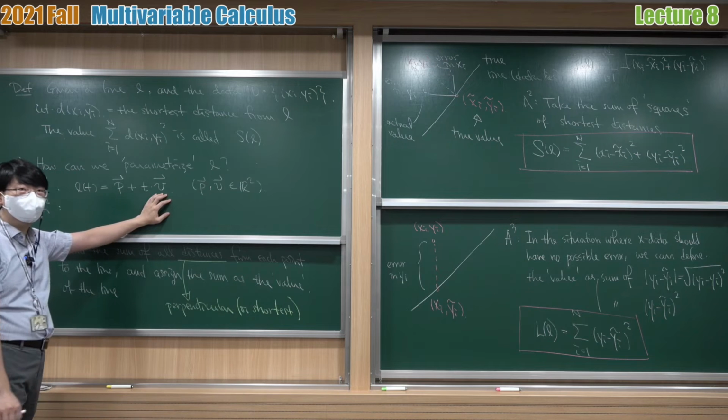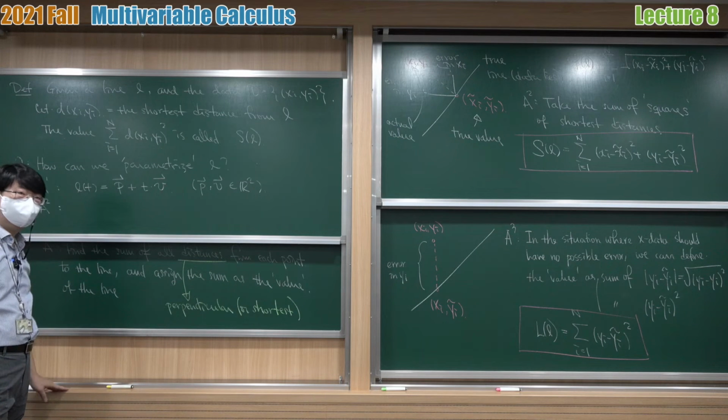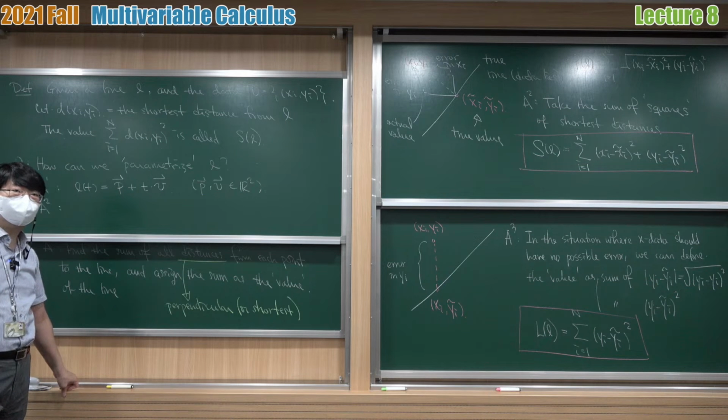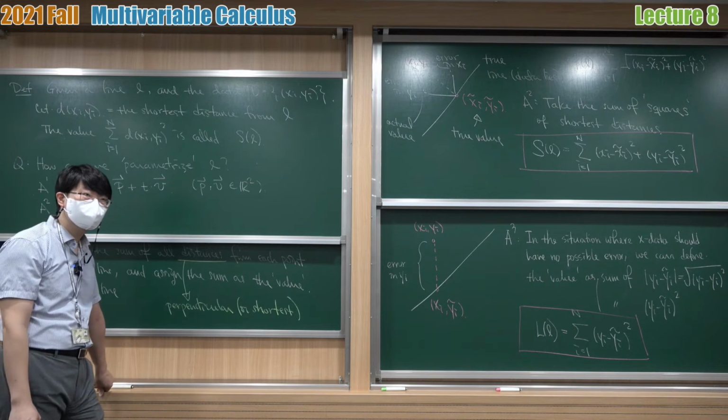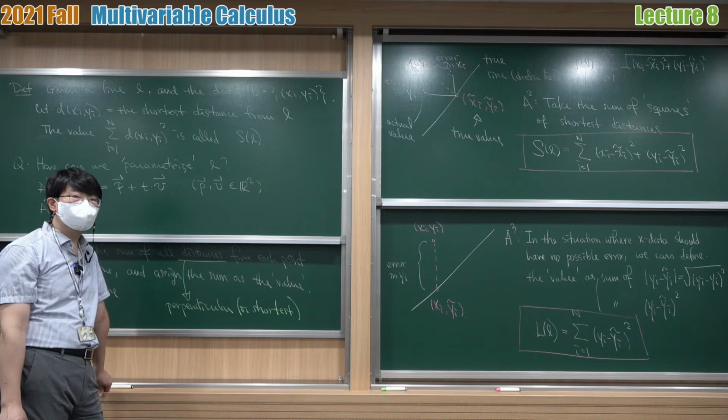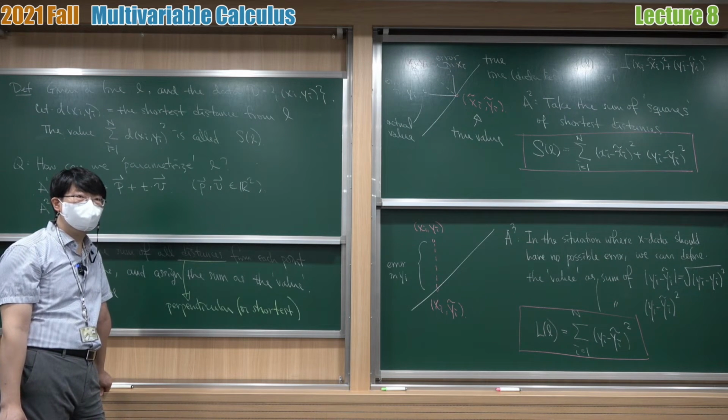So we can think slope as we need 1 parameter to define slope because the meaning of slope is the change of y over change of x.